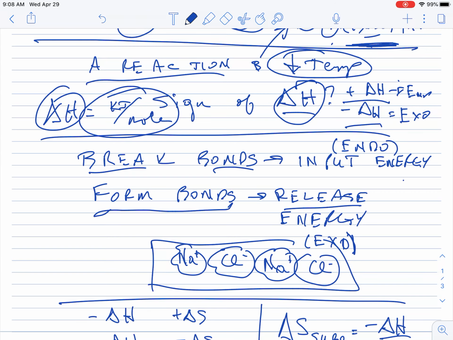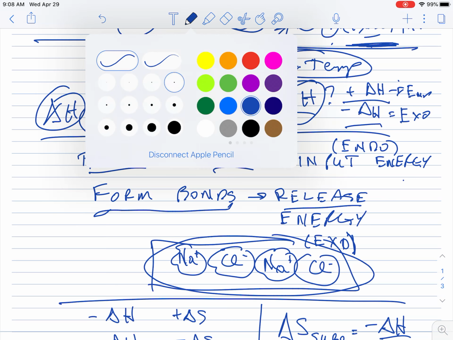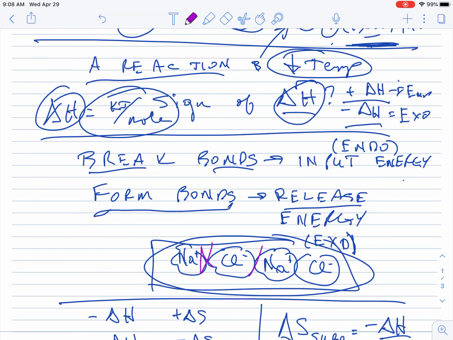Just looking at this system by itself, you're going to break those bonds that hold the ions together, and that's going to be endothermic. So that's going to take energy in. But if you look at forming the bonds with a water molecule, that sodium ion is going to be attracted to that water molecule, to that negative end.